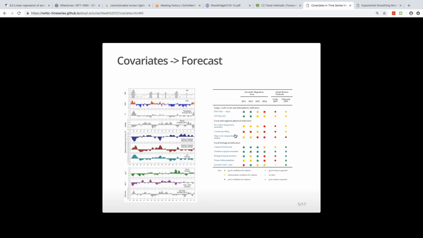So how do you deal with that? You can model autocorrelated errors, and I'm going to show an example of how you might do that with a linear regression. But with a state space model, what you would do is you would have this separate autoregressive model for your errors.